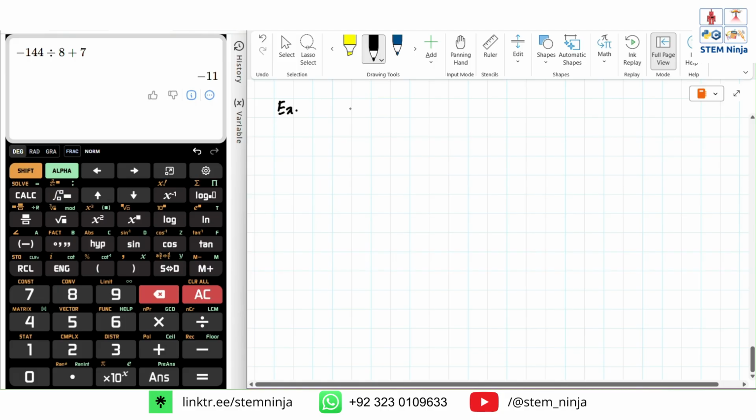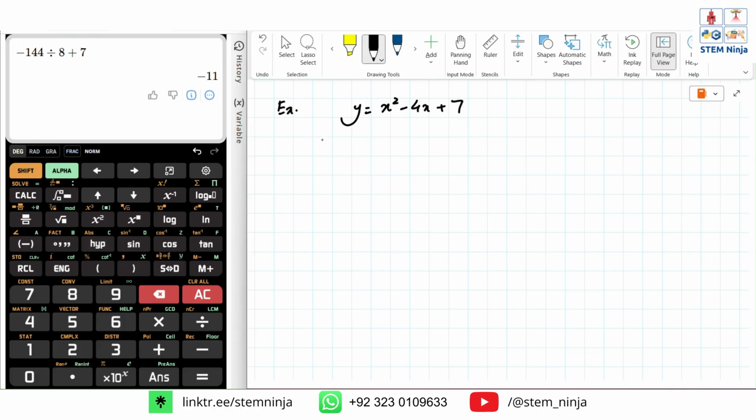So example, y equals x squared minus 4x plus 7. First, let's see the quadratic formula. The quadratic formula is short, but you have to be very careful with the numbers.